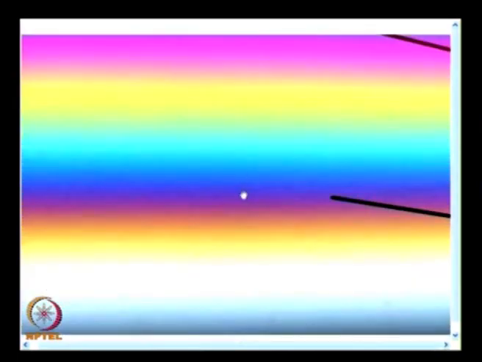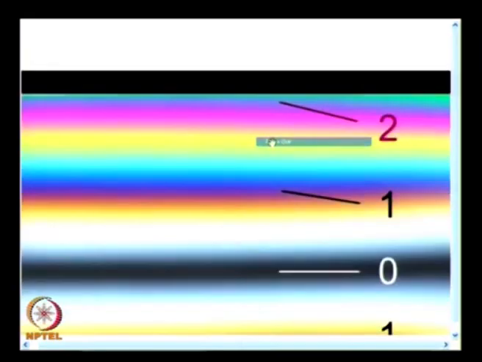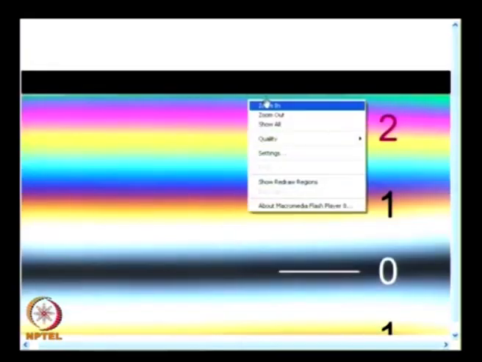So, this is for your fringe order 1 and this is for your fringe order 2. You notice the difference in the red between the two. I will also show this very closely. So, you see the tint of passage is different.